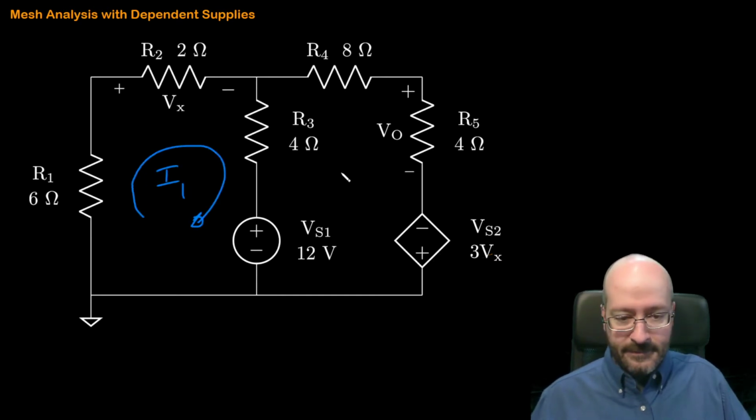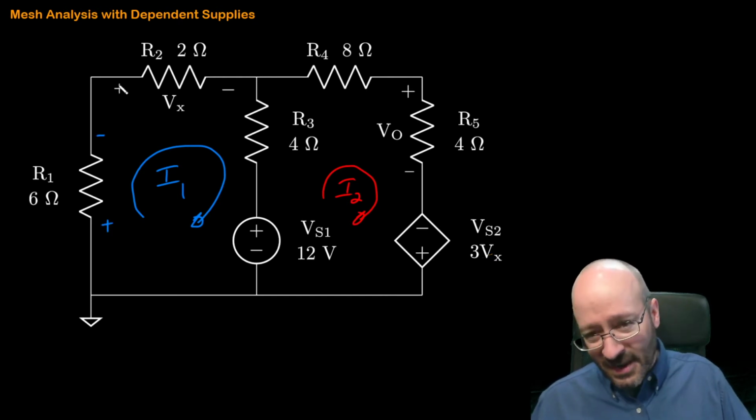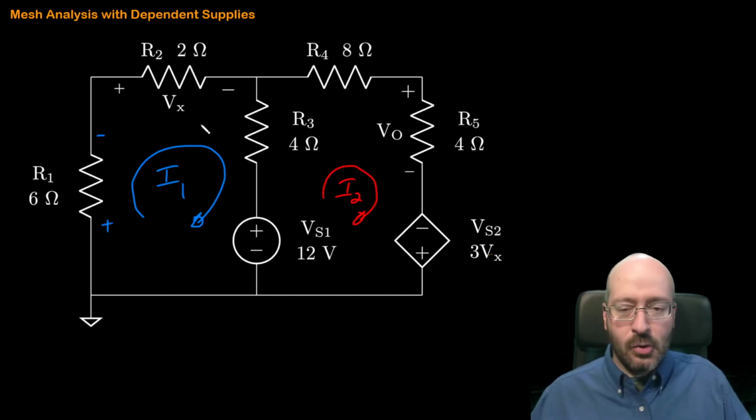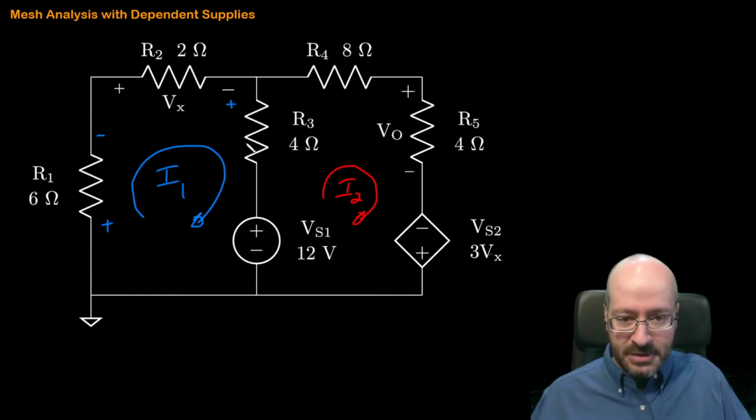Okay, I1, I2. Okay, label our passive components with the passive sign convention. This one matches, which is kind of cool, so I'm just going to leave it there, but I am using that polarity inside the mesh there, plus and minus. Do the same thing for I2, plus, minus, plus, minus. Ooh, this one matches too. That's good. Everything else is active.